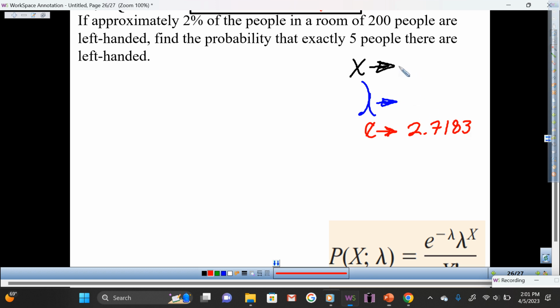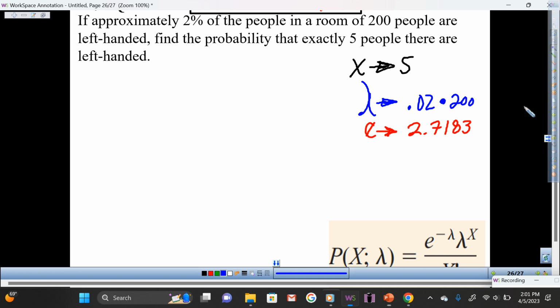All right, so what is X, everyone? 5. How do we get lambda? Because now they're giving us a percent and 200. How about 0.02 times 200?